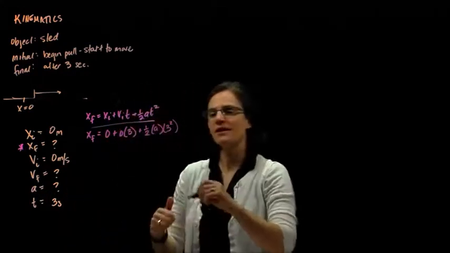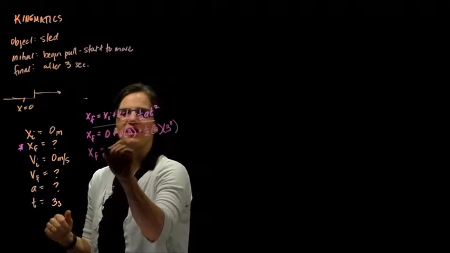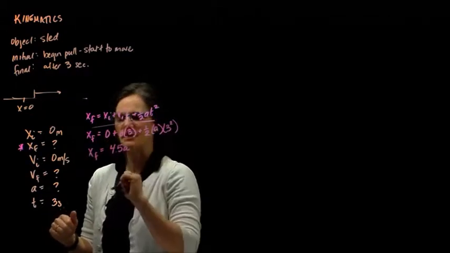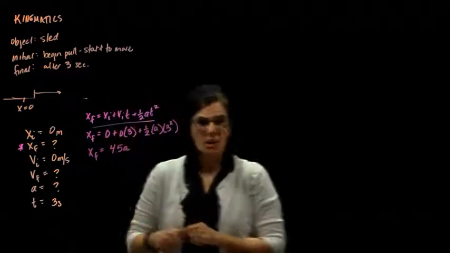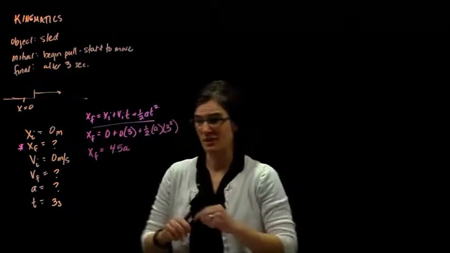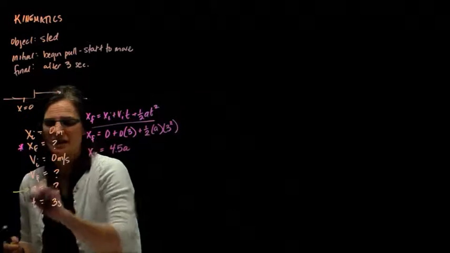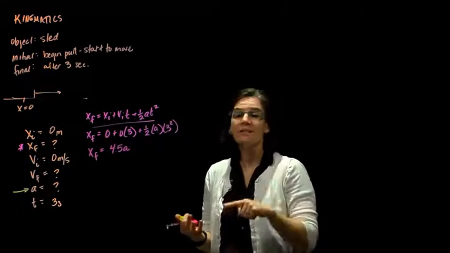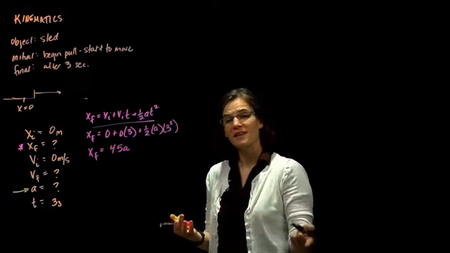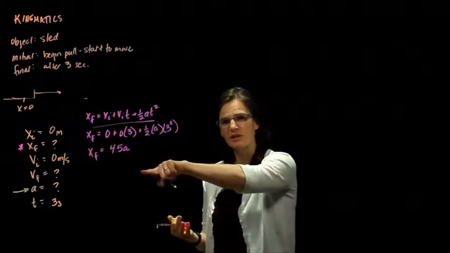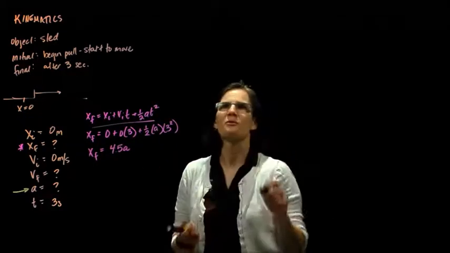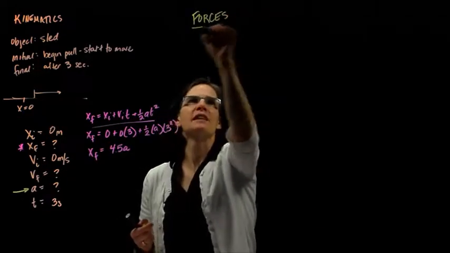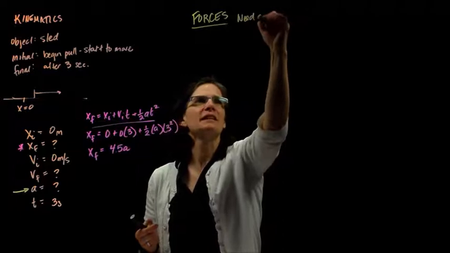So simplifying this relationship, I end up with x final is equal to 4.5 times the acceleration. So my acceleration becomes a variable of interest, and I'm not going to be able to get that through kinematics. But forces cause accelerations. The forces are what's causing this motion that I'm trying to describe, so forces may be related. So we'll do a force analysis because we need acceleration.